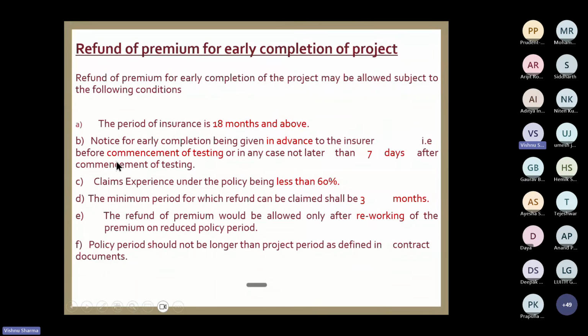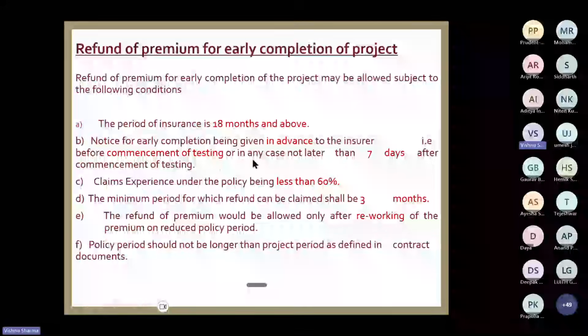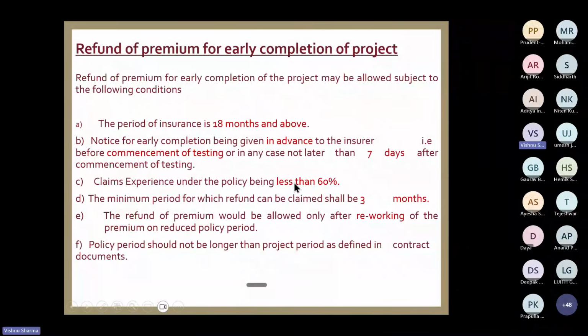Then it's okay. Final. Then notice of early completion to be given in advance to the insurers, at least before commencement of testing, that I am likely to complete my project much before time, so I would apply for refund. Okay. Third thing is claim ratio should be less than 60%.